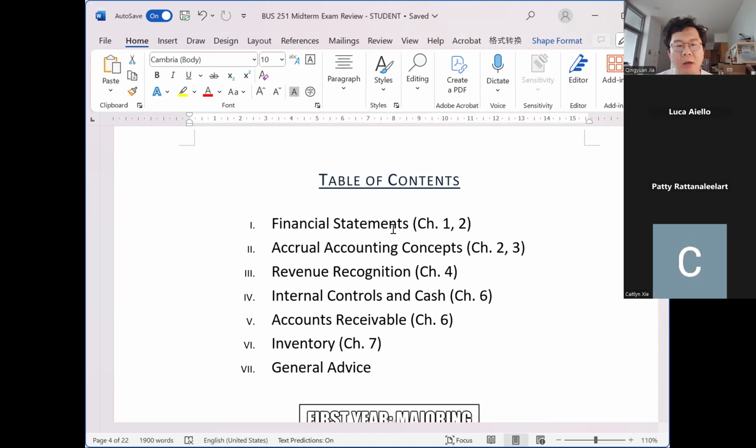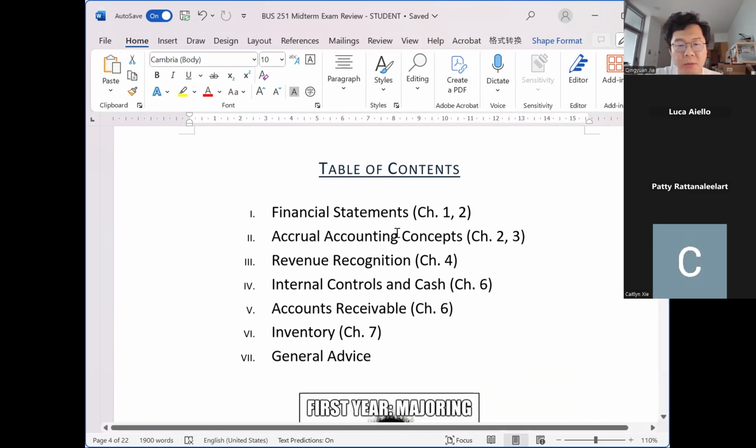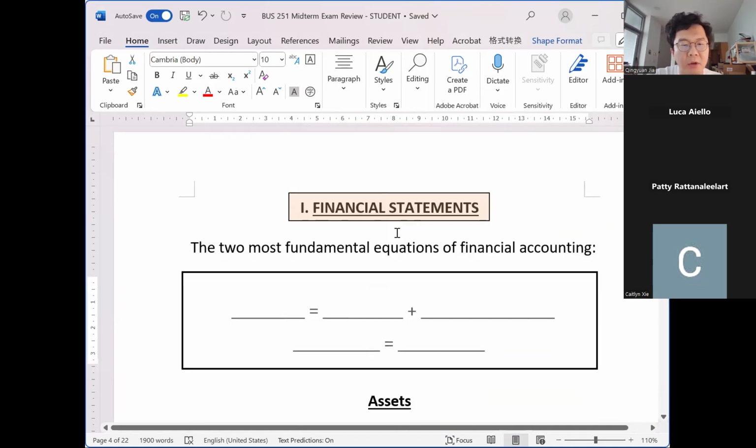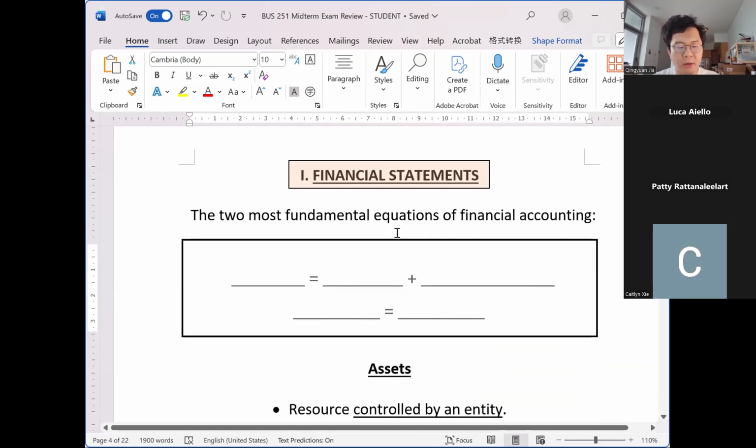And then we will cover something about internal control and cash for chapter six, and also accounts receivable for chapter six, and then inventory. And finally, I will give some general advice for the midterm exam. Right. So first of all, let's move to the basics.